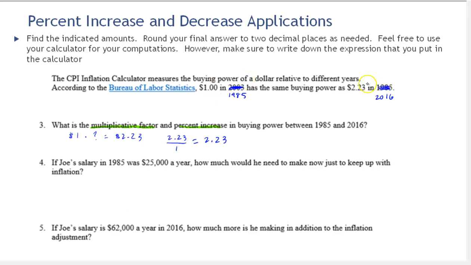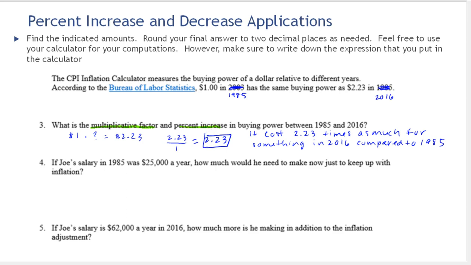So it costs 2.23 times as much for something in 2016 compared to 1985. Okay. So this is our multiplicative factor, 2.23. Now, what is this as a percent increase?